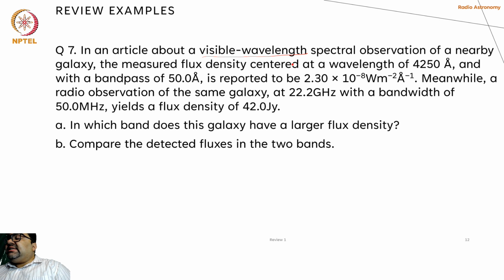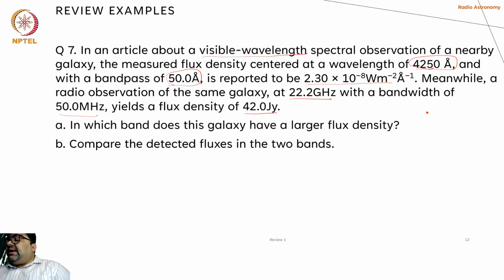The measured flux density centered at a wavelength of 4250 angstrom, with a bandpass of 50 angstrom, is reported to be 2.3 × 10^-8 watt per meter square per angstrom. Meanwhile, a radio observation of the same galaxy at 22 gigahertz with a bandwidth of 50 megahertz yields a flux density of 42 Jansky. So there are two bands, the visible band and the radio band.